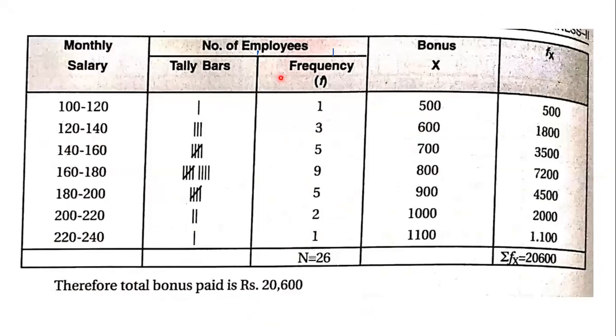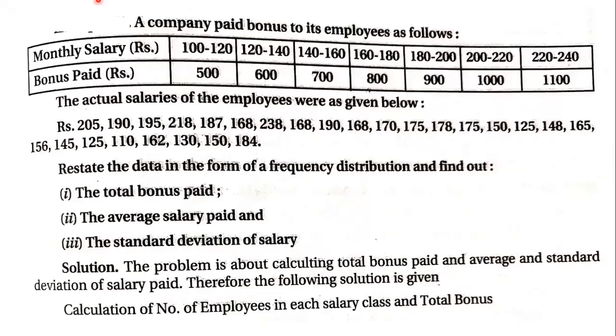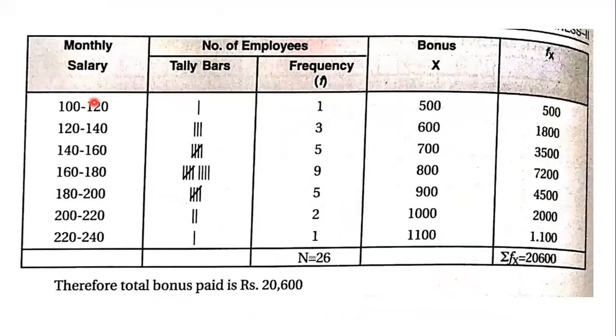Now here in the first table, I hope you are able to remember this problem. So we have monthly salary, which is given in the question, that is 100 to 120, 120 to 140, and so on. That has been copied completely. Next, number of employees.